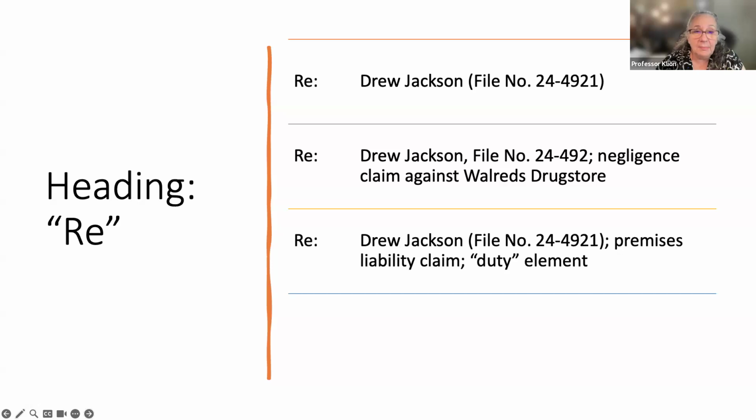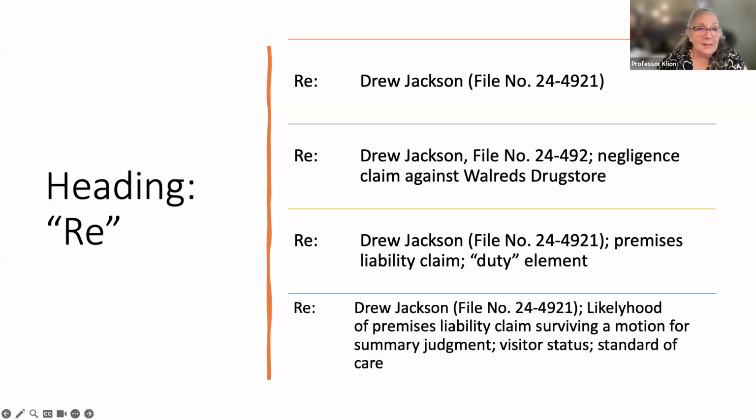Premises liability claim. I told you before I was fine with either negligence or premises liability. And then duty element. I'm not sure how helpful that is to say what the subsections were about. And pretty close. We have Drew Jackson with the file number.